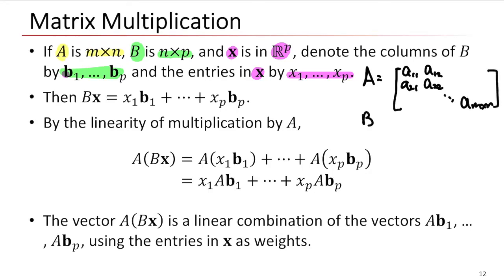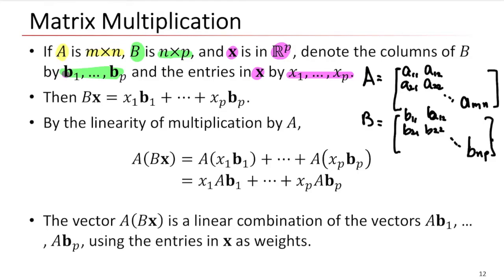Then matrix B, with entries b11, b12, b21, b22, n by p.